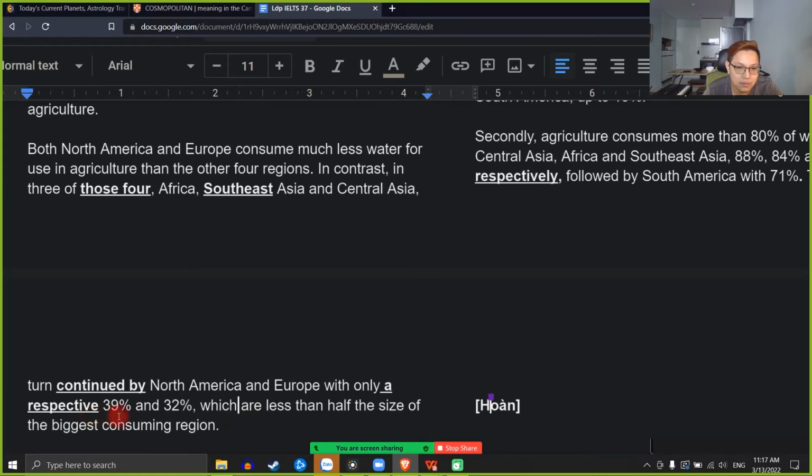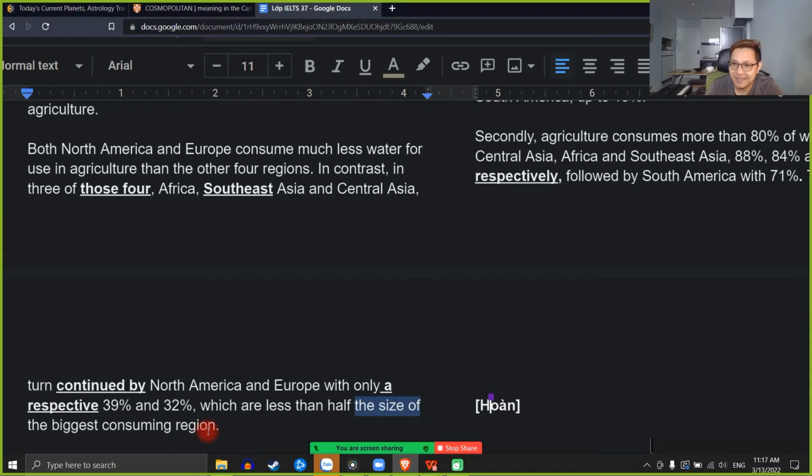When you mention the size of the region, does it mean the area of the region?